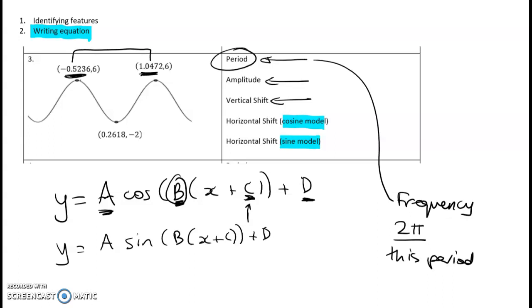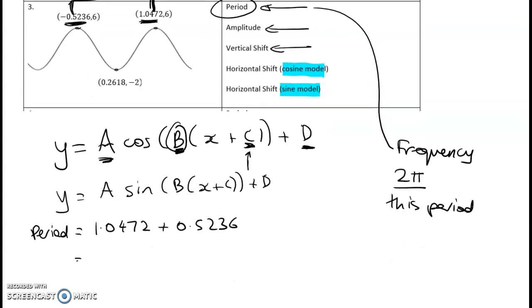So the period is, what is one full cycle? In this case, the period will be 1.0472 plus 0.5236. So I'm measuring this distance here. That works out to be 1.5708, and as we discussed in class, we're going to get that as a fraction of pi.